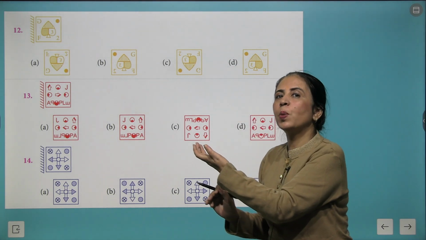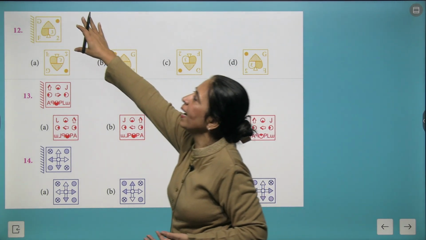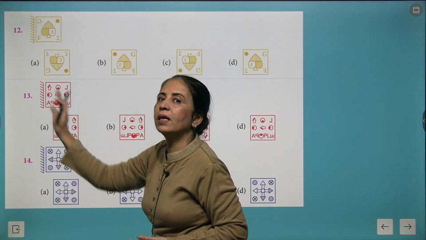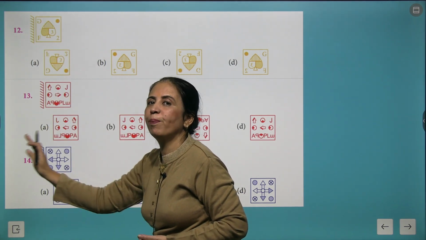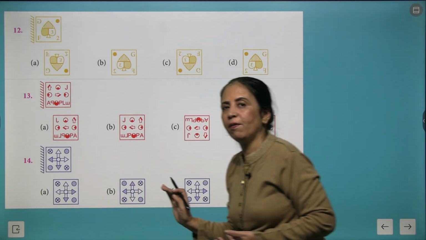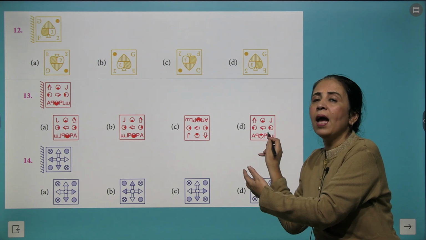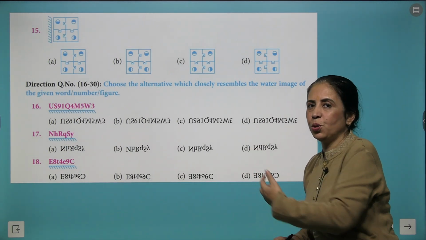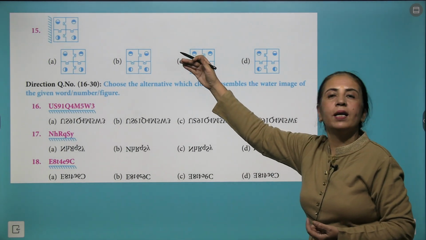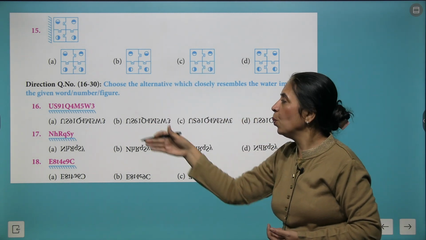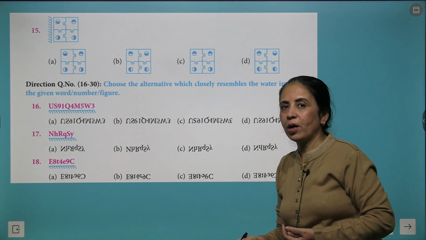A few more questions we have where the right image is given and you want to bring the mirror image on the left side. So in these questions, be a bit careful, and I know once you start doing it, you will really be able to crack these questions correctly. And here we have the questions of water images.